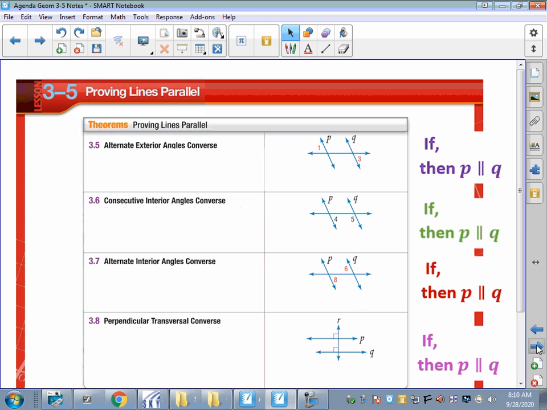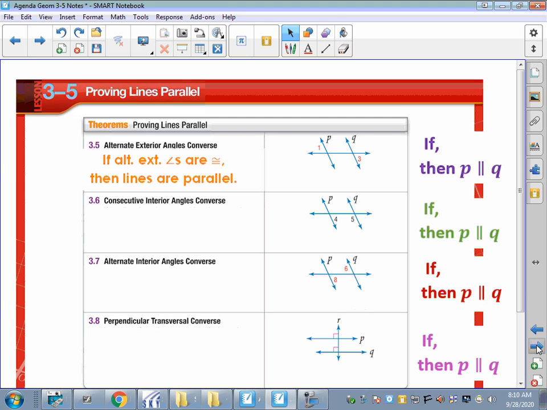So alternate exterior. Make sure you're in the alternate exterior section. Here's what this says. If alternate exterior angles are congruent, then lines are parallel. I don't know why I didn't use the parallel symbol there. I've got our little diagram. I could have labeled all kinds of angles for alternate exteriors.